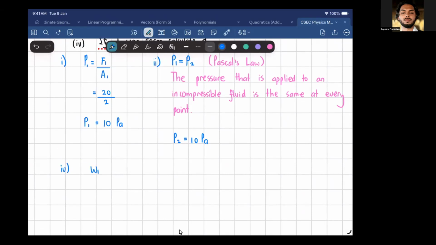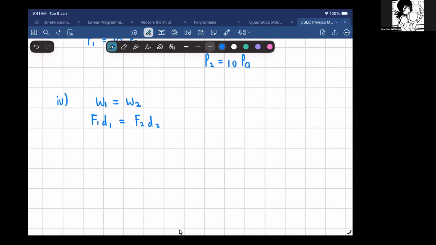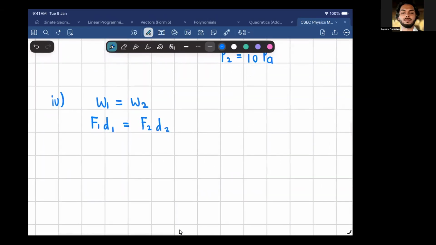I'm talking about that because the work inputted into the system needs to be equal to the output work. The W1 is equal to W2. And that would be F1 D1, because work done, W, is equal to F by D. So W1 is F1 D1, W2 is F2 D2. I want to find D2, so I need to divide both sides by F2.